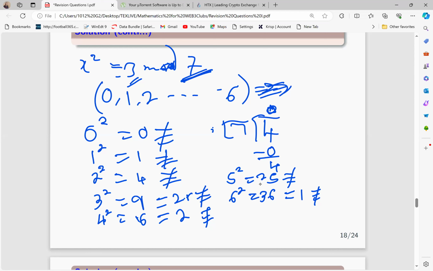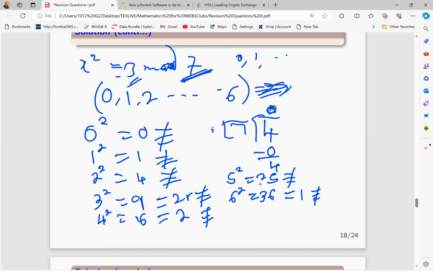But the program can do that for you, trying from 0 to n minus 1. If n is 7, it goes up to n minus 1, which is 6.